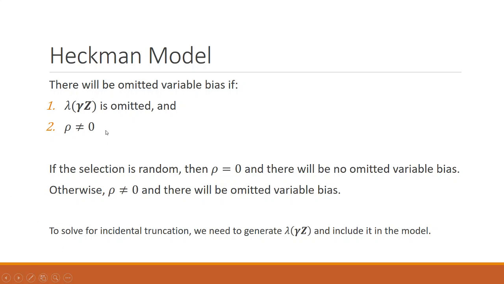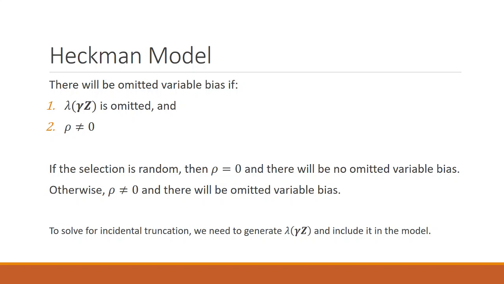So there will be omitted variable bias in our OLS regression if we omit the inverse Mills ratio and rho is not equal to 0. If selection is random, that means who ends up with the savings account is totally random, which is unlikely, then rho will equal 0.